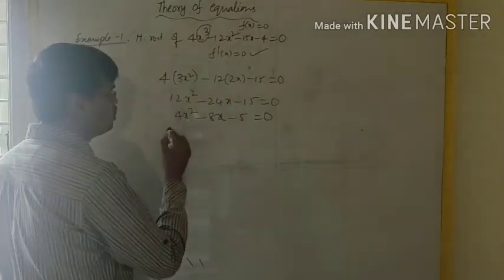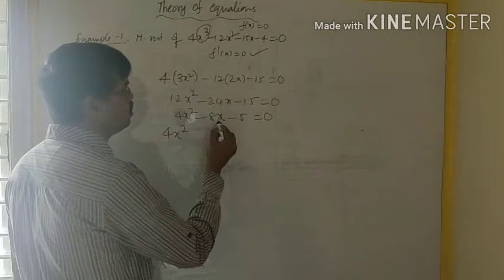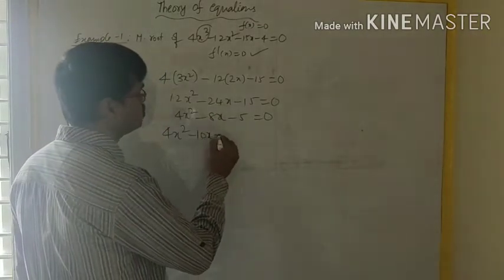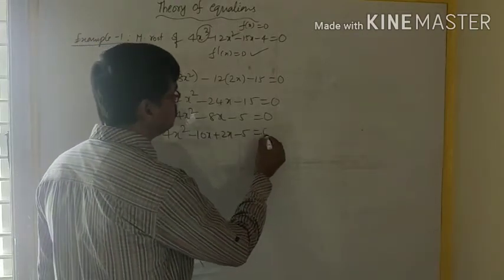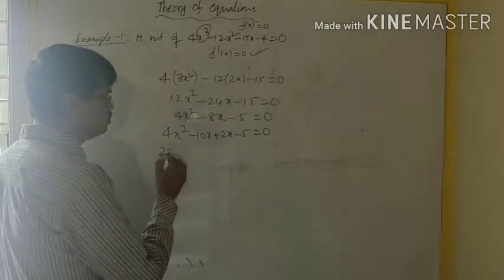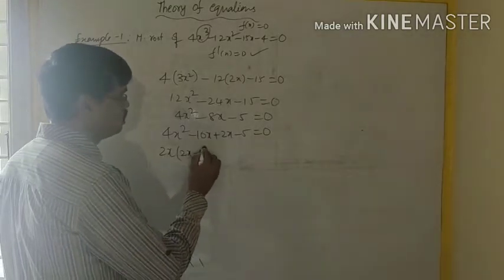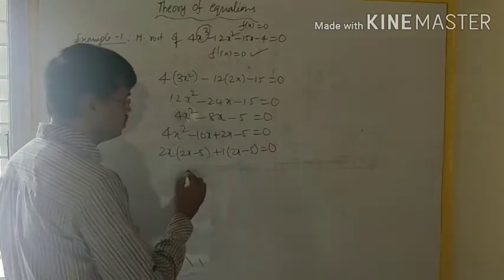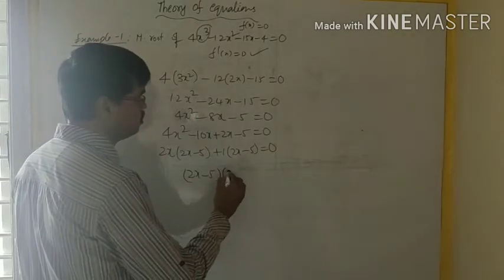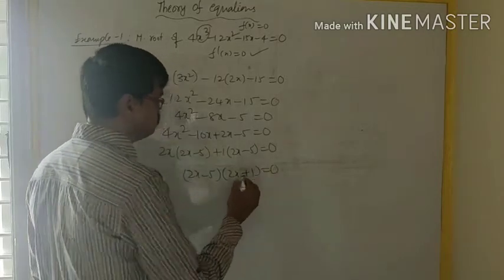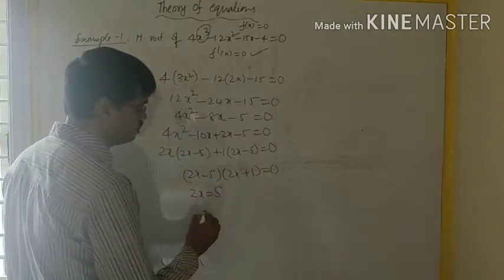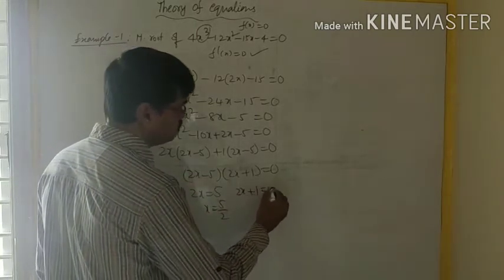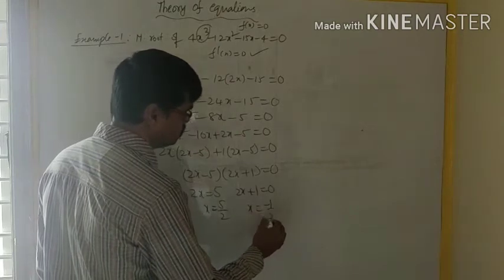So you can factorize 4x square minus 10x plus 2x minus 5 equals 0. Take 2x common: 2x into (2x minus 5) plus 1 into (2x minus 5) equals 0. That means (2x minus 5) into (2x plus 1) equals 0. So 2x equals 5, x equals 5 by 2; 2x plus 1 equals 0, x equals minus 1 by 2.